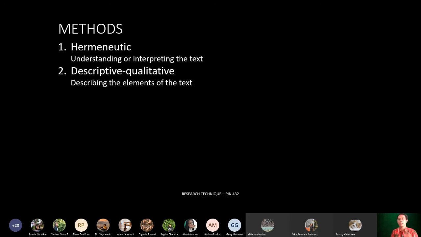Or if you study not the work, but the writer, for example, the qualitative data will include the statement of the writer, the story of the writer about where she lives, what kind of family she grows up in, what kind of country she lives in, and so on. So it's descriptive, qualitative. You describe a set of qualitative data when you do the research.